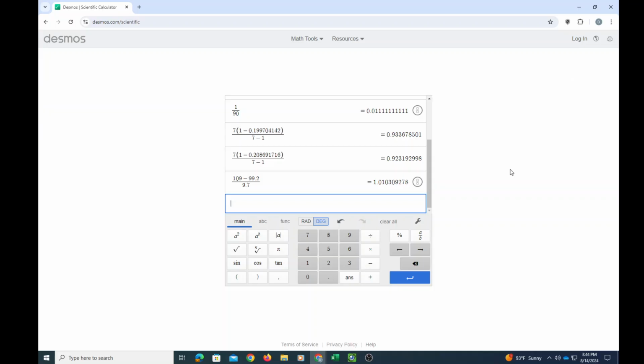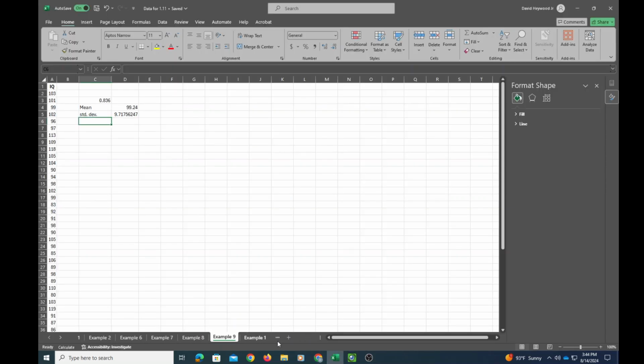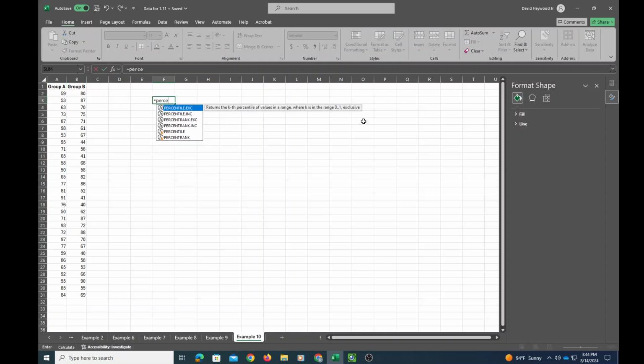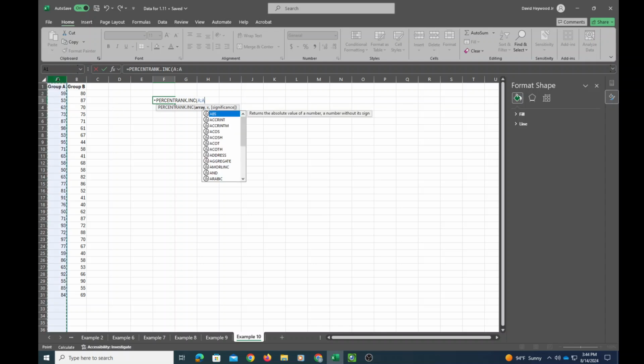So this data should be in Excel. Yeah, example 10. Okay, good. So for group A, let's do equals PERCENTRANK.INC for group A, and the person from group A had a score of 71.